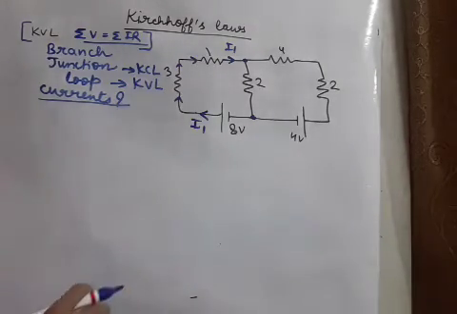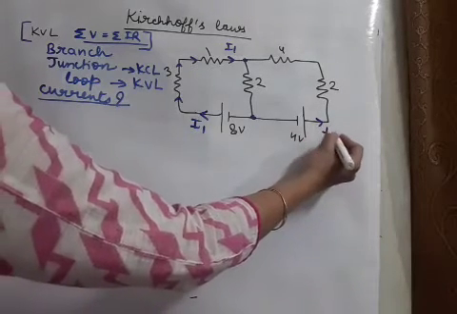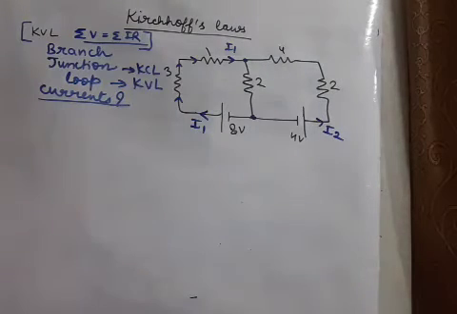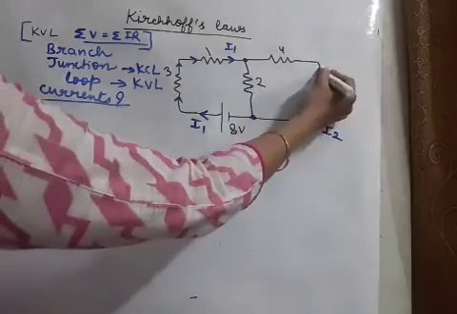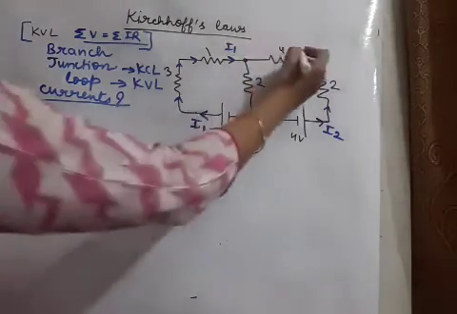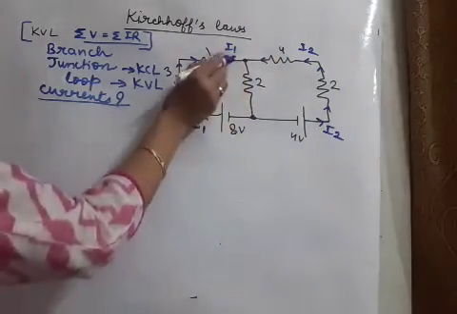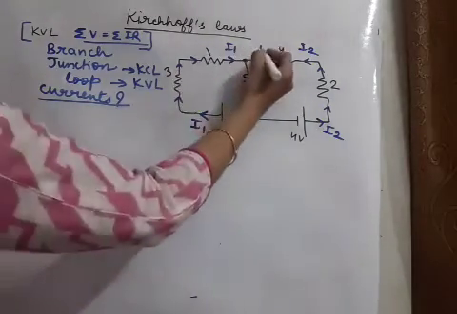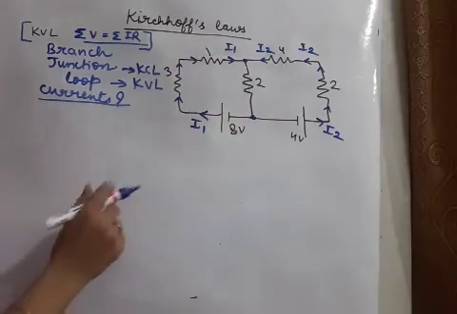Now we consider the second battery's positive, and we take another current I2 from it. This I2 will flow as long as there is a single path, and as soon as it reaches here, I1 is coming from here and I2 is coming from here.